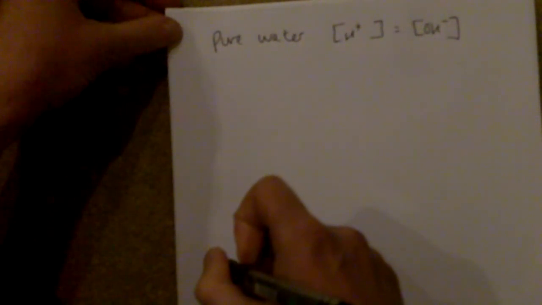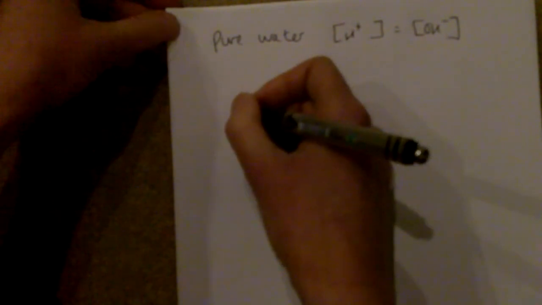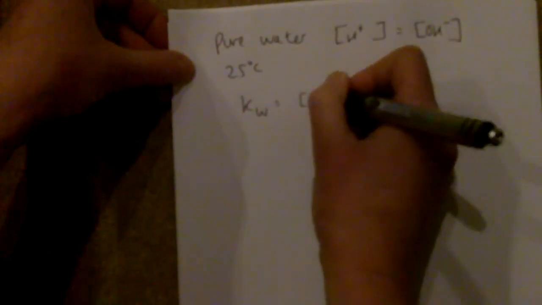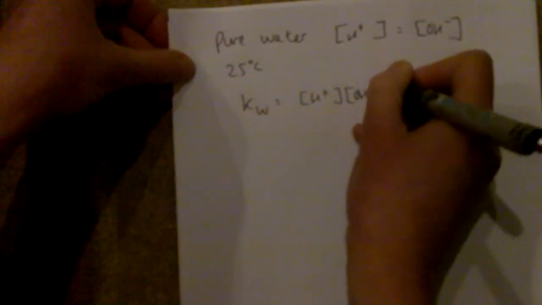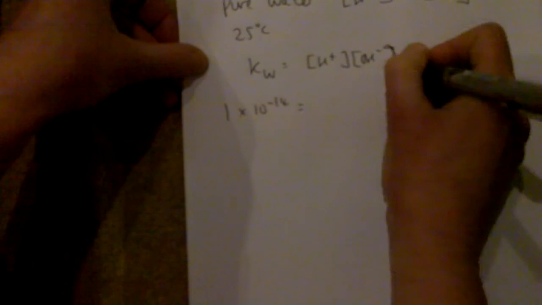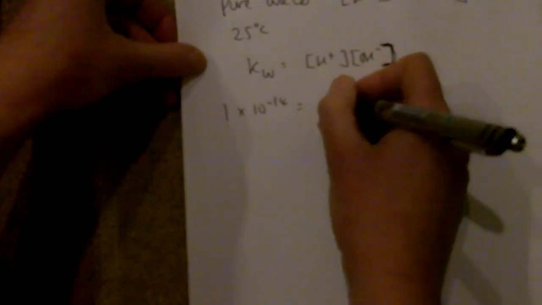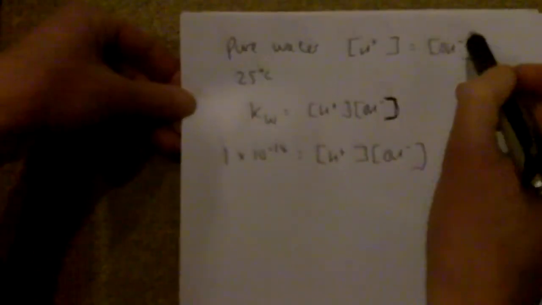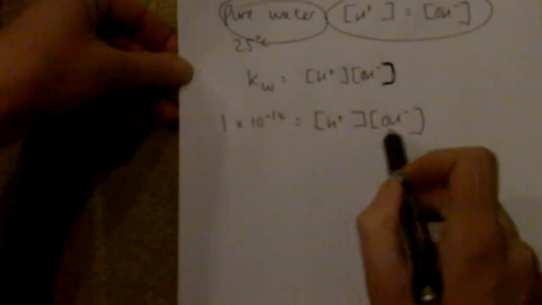So if it was done at 25 degrees, we know that Kw is 1 times 10 to the minus 14. Sorry, that is meant to be square brackets. My handwriting is terrible. H plus times OH minus. Now, if they're equal to each other for pure water, then they're equal to each other.